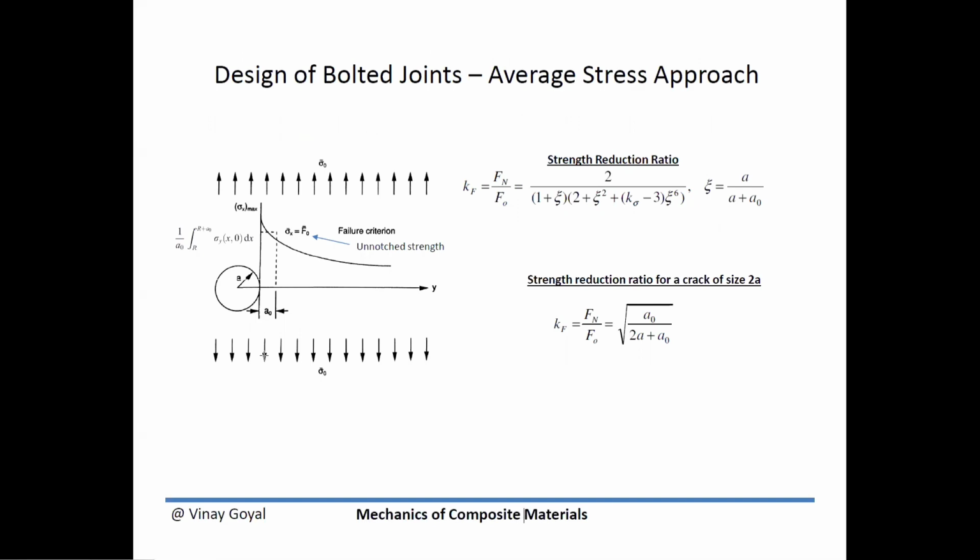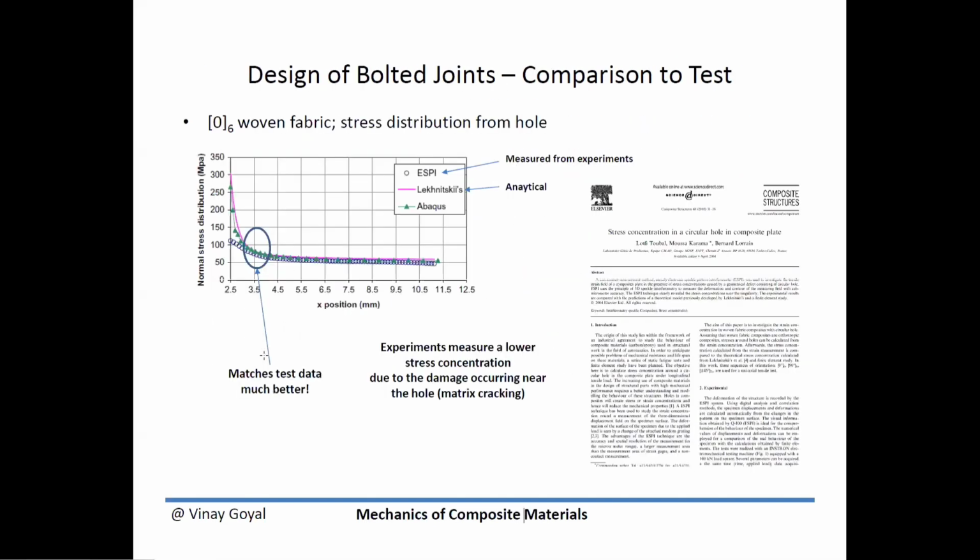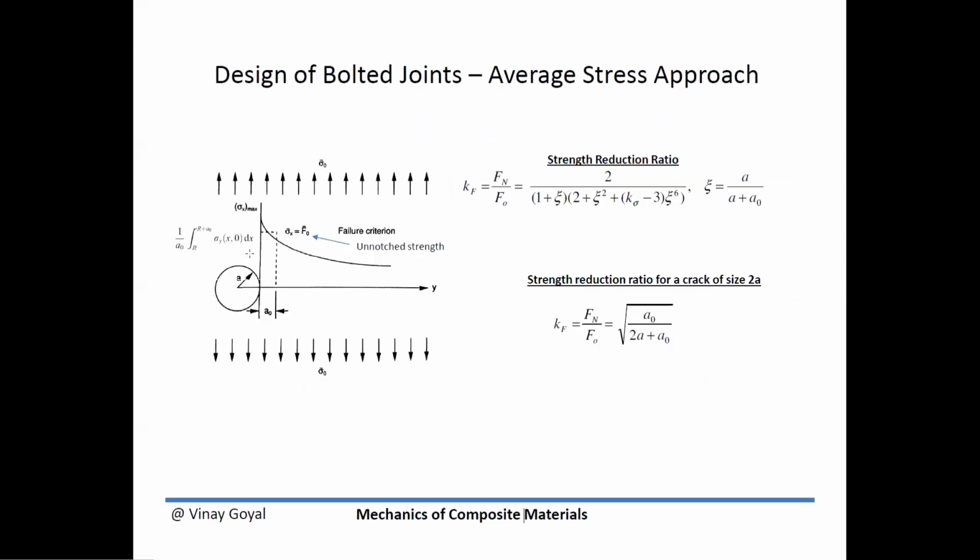As we discussed above, the stresses measured from experiments are in better agreement with analysis away from the hole. So let's use that idea and come up with a failure criterion that can be useful in these designs.